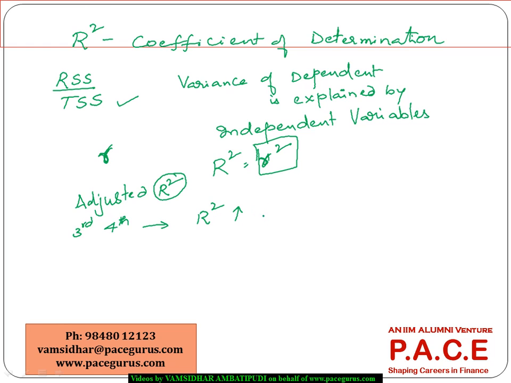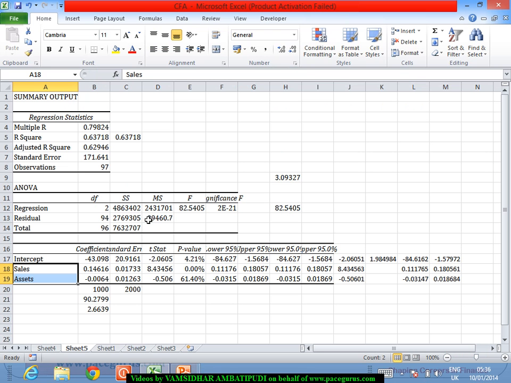If not going up, it will be flat, but it cannot come down even if you add the third or fourth or fifth or 100th variable.